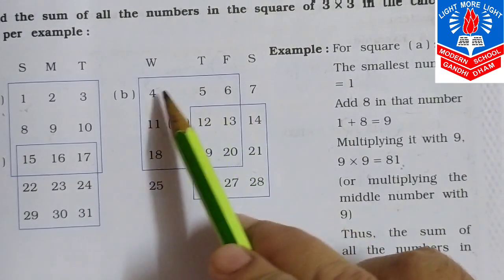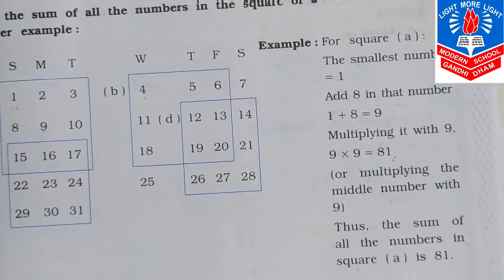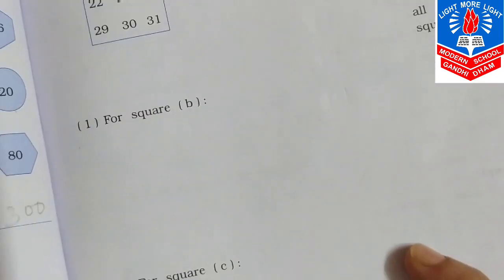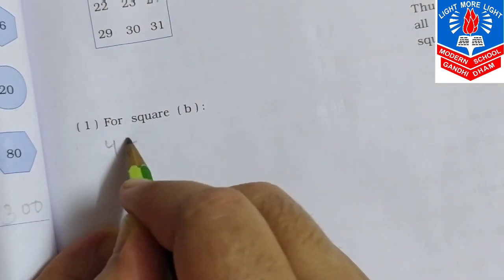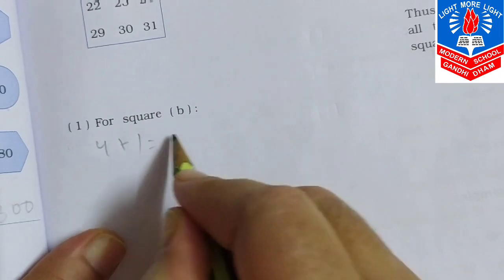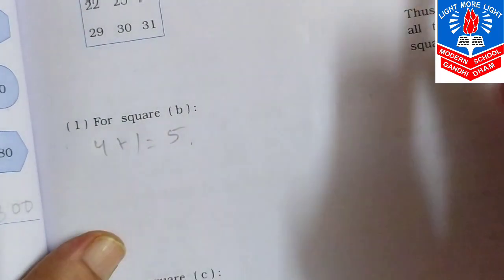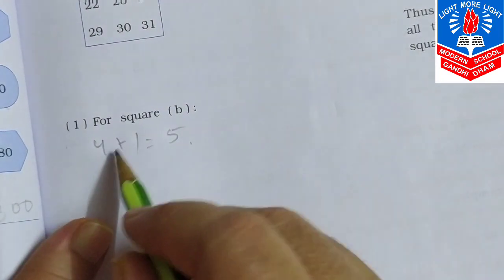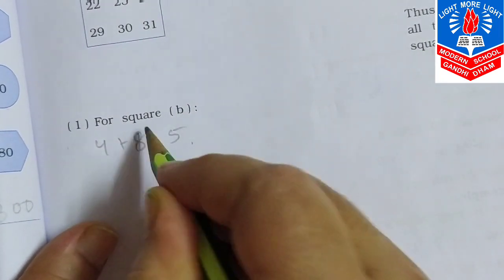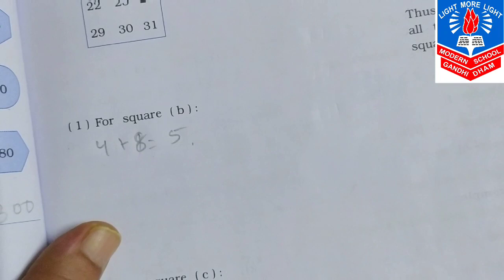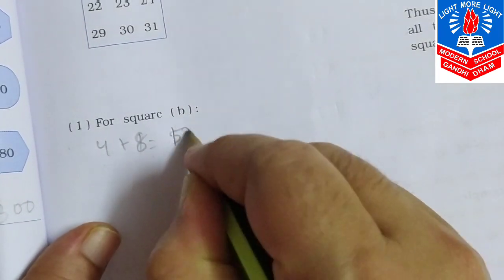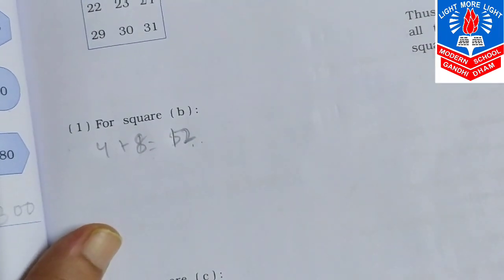Here the smallest number is 4. So we add 4 plus 8, then we will get here 12.